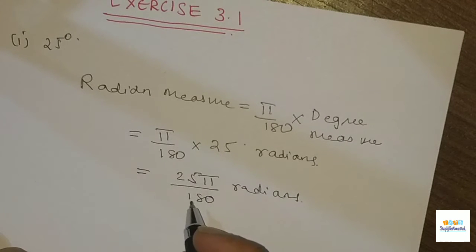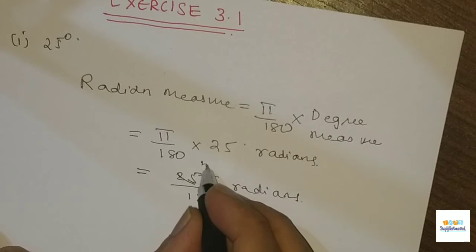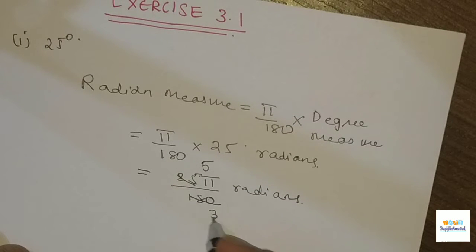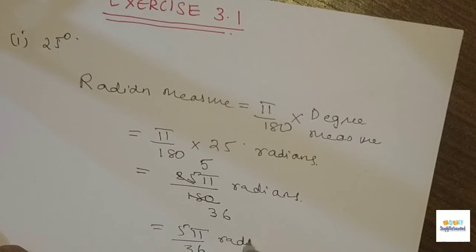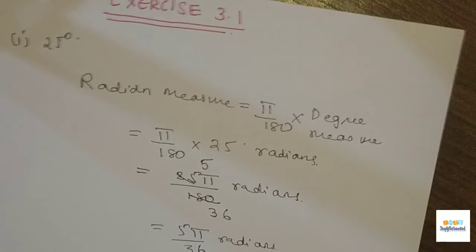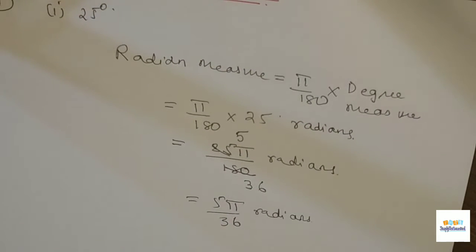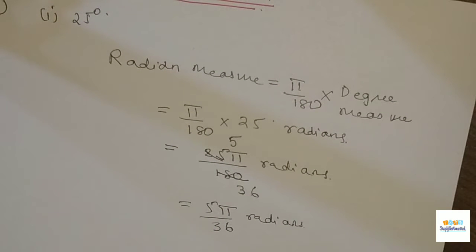Now we can cancel this by 5, so 5 5s are 25, 5 3s are 15, 3 remains, so 6. So what you will get is 5 pi by 36 radians. Okay, so that is the first problem. Now let us go to the second one.